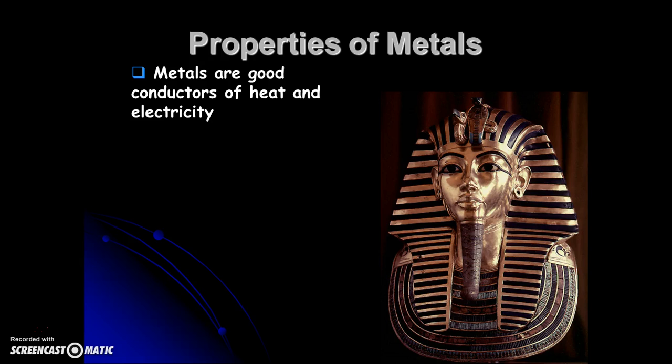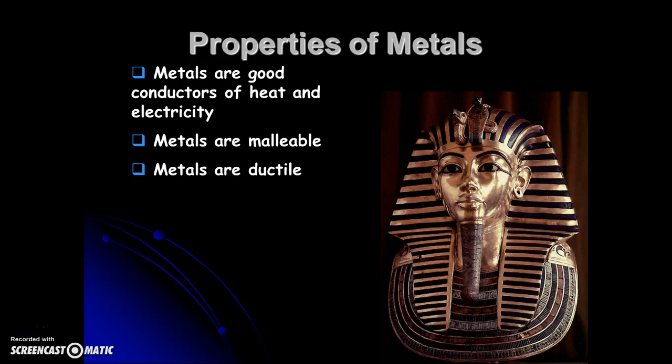But just for now, know that they're good conductors of heat and electricity. They're malleable, and malleability means that you can pound out a metal into a thin sheet. We can shape it. They're also ductile. It means we can pull it into a wire. That's why a lot of wires are made from metals.